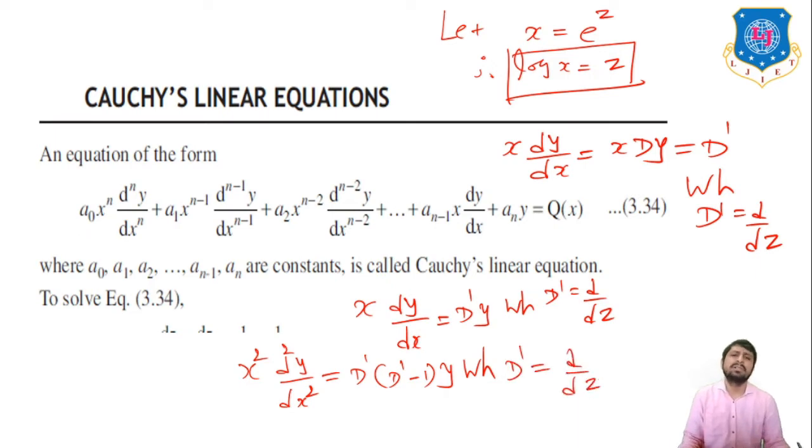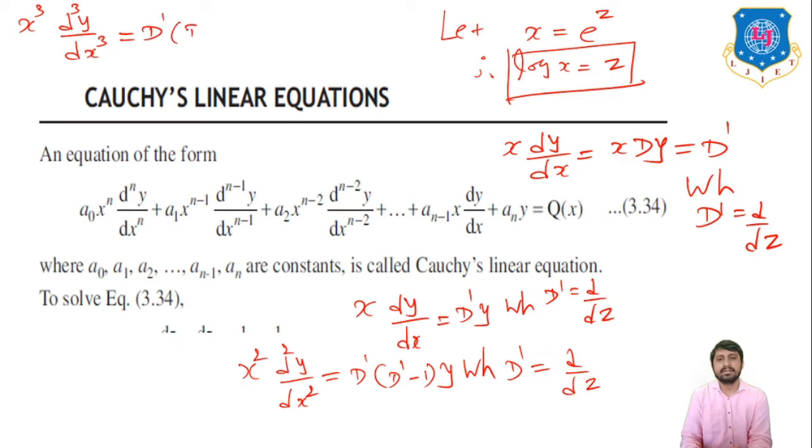Sometimes, instead of D dash, you can also take any other operator, like D1 or just D, but make sure you mention that capital D is not d by dx, it is d by dz. Similarly, x cube d cube y by dx cube becomes D dash into D dash minus 1 into D dash minus 2 into y.